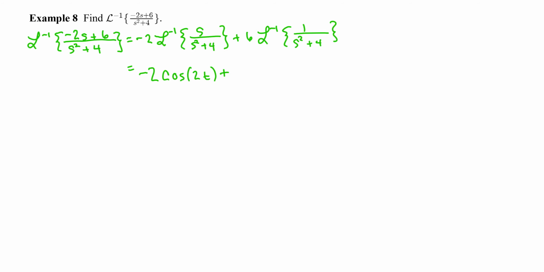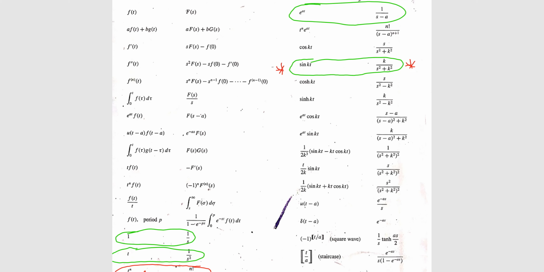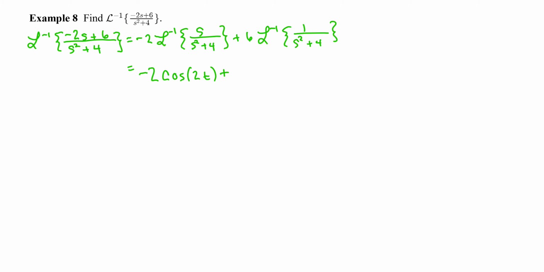Next, looking at 1 over s squared plus 4. Remember, we need a constant in the top. If we have s squared plus 4, k would be 2, which means once again we need to invent and cancel the 2 in the numerator. When you multiply and divide by the same number, you don't change the value of the original function.